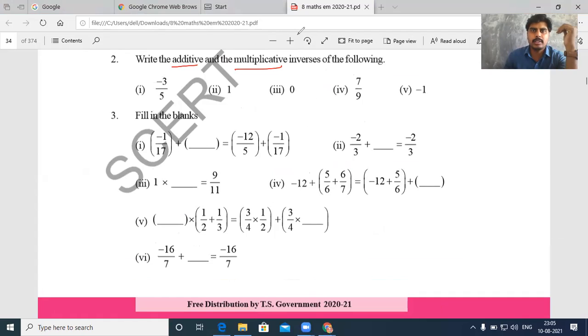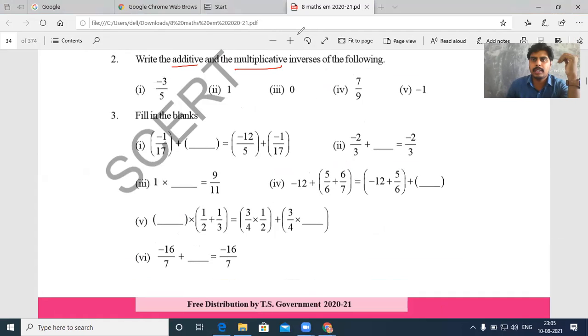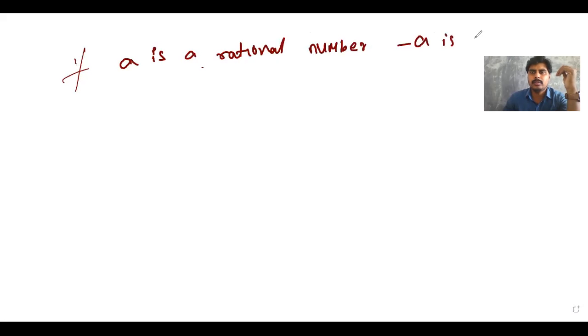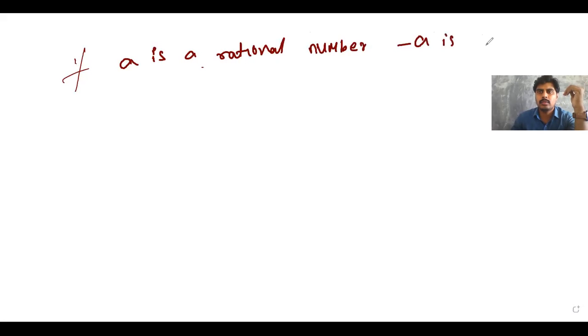Let me give the general statement for the additive inverse. If A is a rational number, then minus A is the additive inverse.